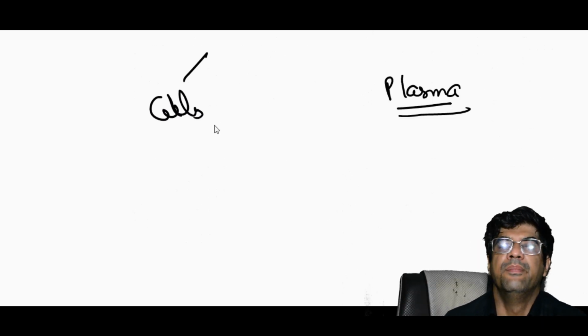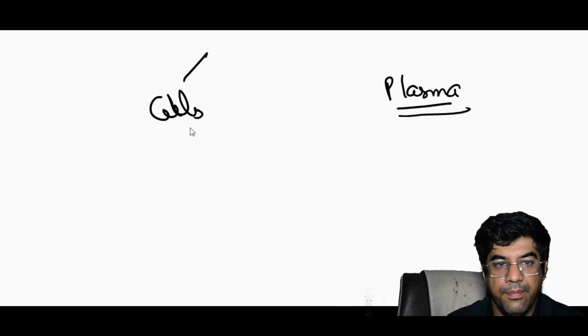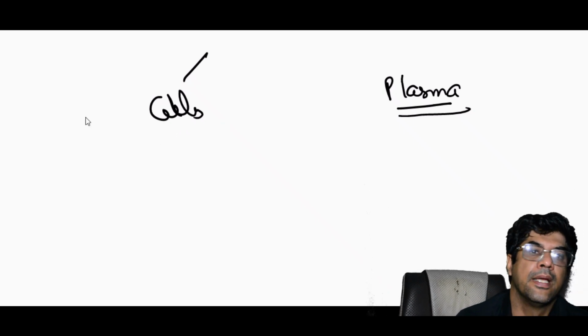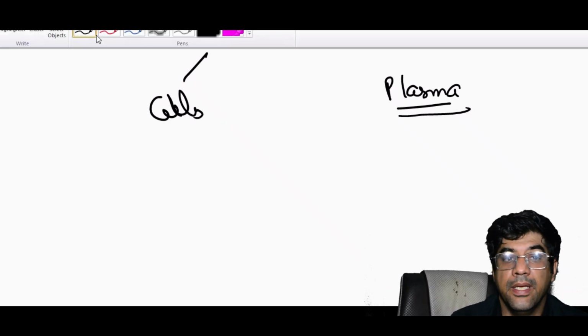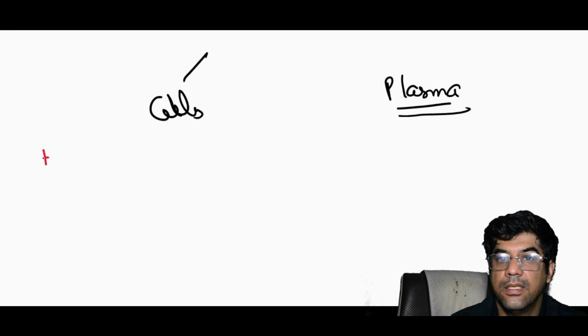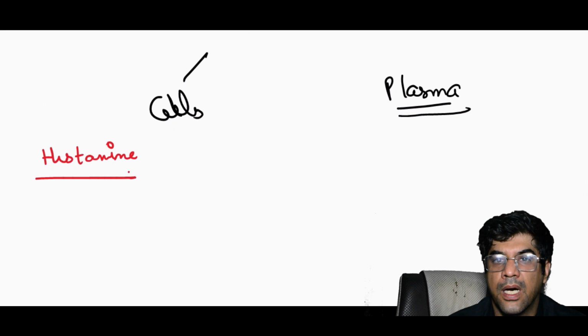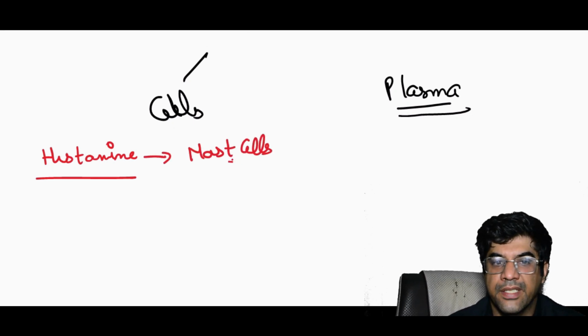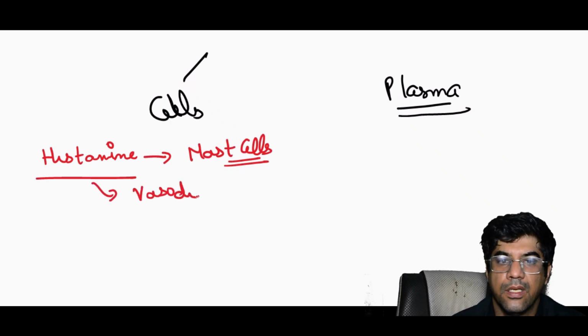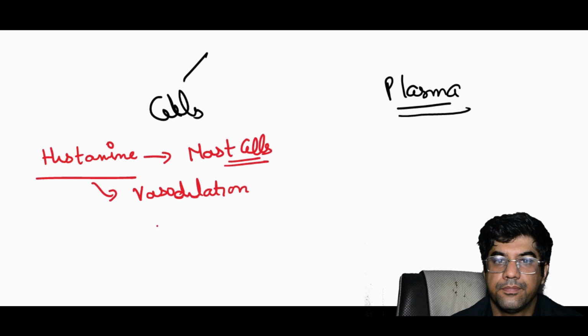Now what are the cell-derived mediators? The cell-derived mediators, remember, can be histamine. Histamine is released from the mast cells. It will cause vasodilation and increase vascular permeability.